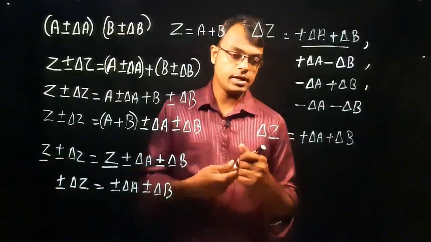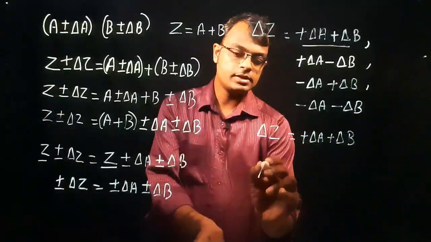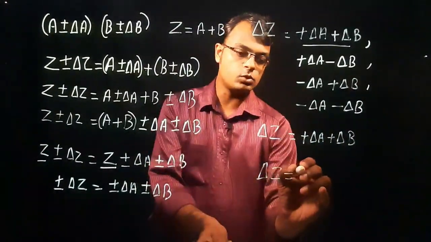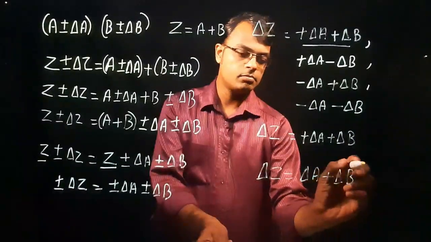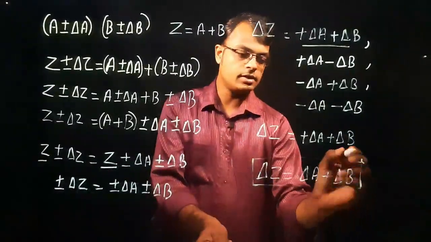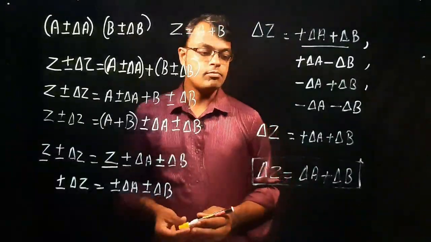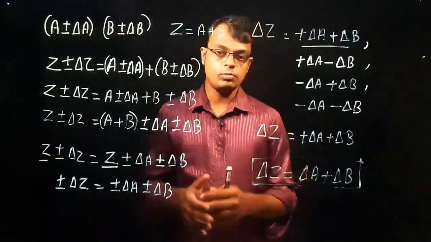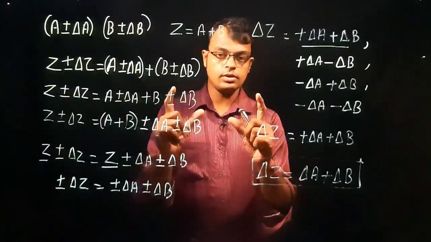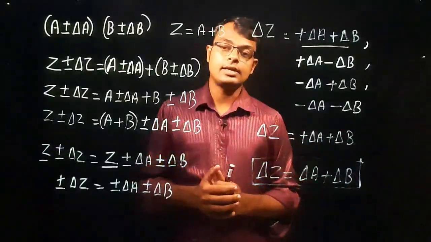So we can simply write delta z is equal to delta a plus delta b. So the total error in the final value is the sum of the errors in the individual measurements. I hope it is clear, the addition. So what we are doing here, we are adding the errors.